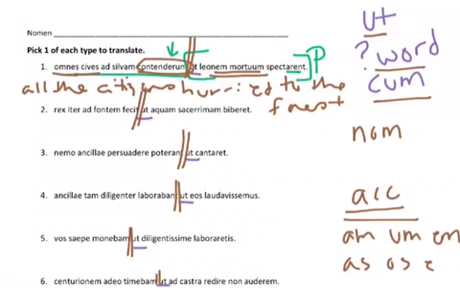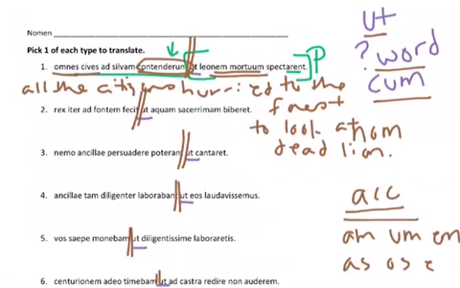So don't translate that yet. Go to spectarent. What does it mean? Look. All the citizens hurried to the forest. Why? To look at, and what am I looking at? A dead lion. That's morbid. Sorry.